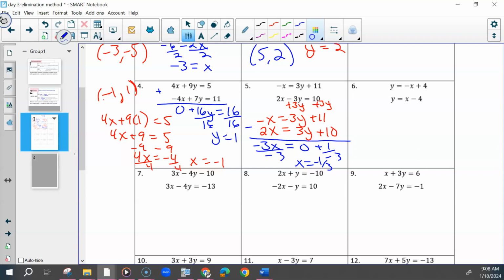I'm going to write it off to the side, but it's going to look a little smushed for a second. You could have chosen the other one. I just used this one to kind of get rid of the negatives. And then we could solve this by subtracting 11. Use your calculator.